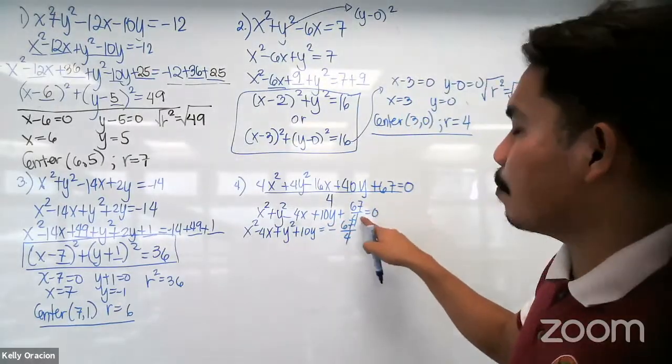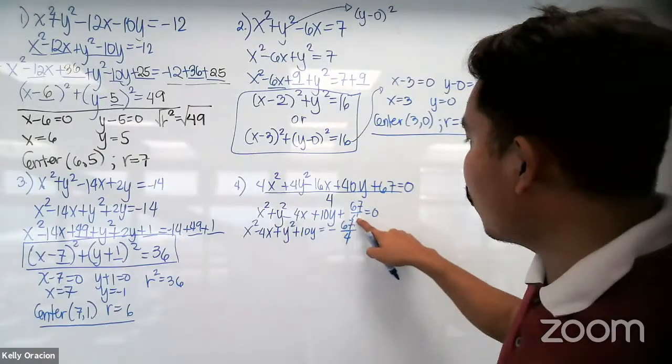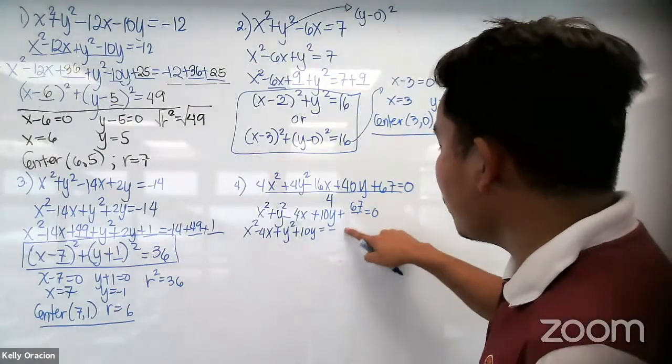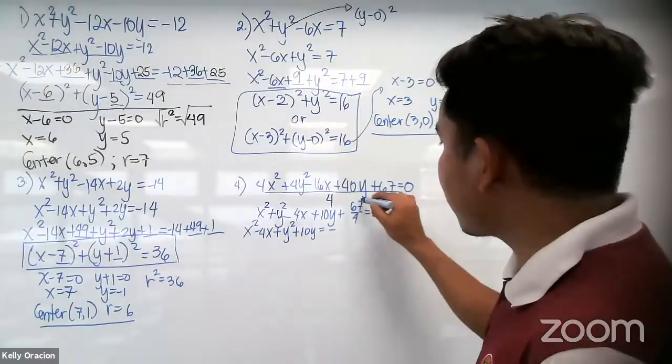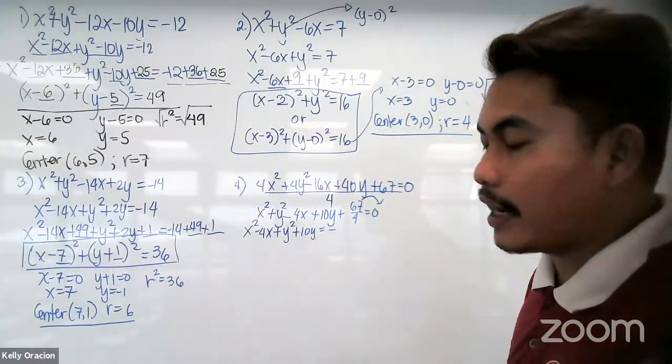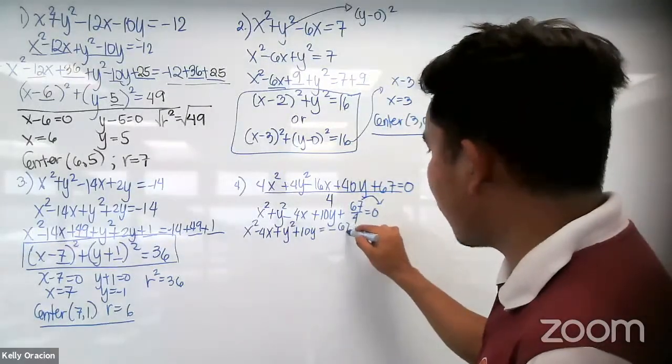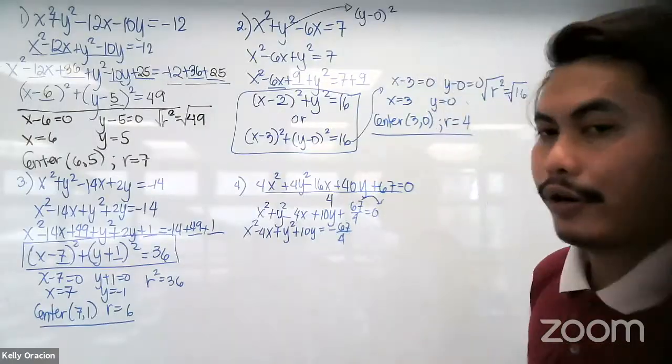You need to transpose 67 over 4 to the other side, so it will turn negative 67 over 4.